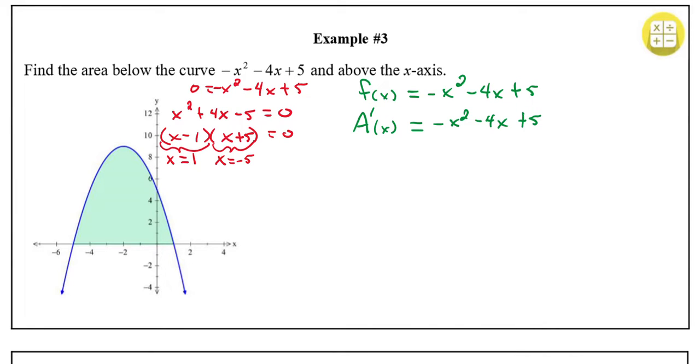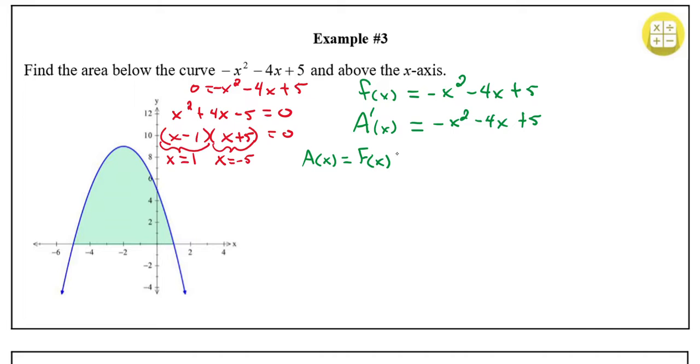So again, this is a differential equation, and the way we solve this is by saying what the area function would be that would make this true. So then the area function would have to be the antiderivative, capital F of x.